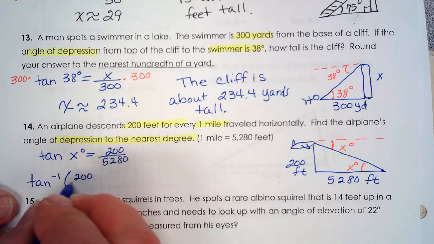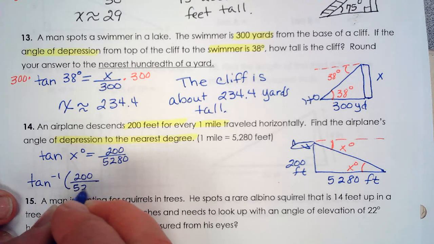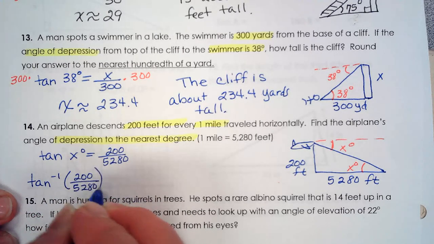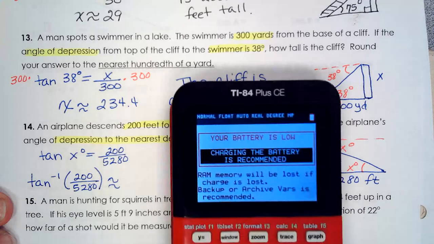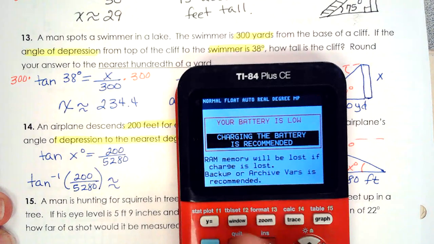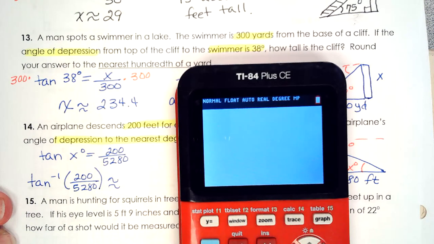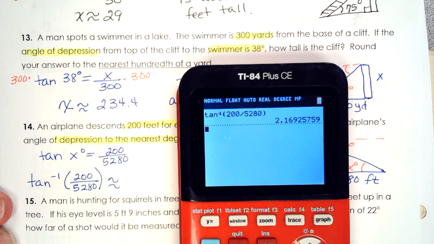200 divided by 5,280 is approximately... Second, tangent, 200 divided by 5,280. And I get approximately 2.169.